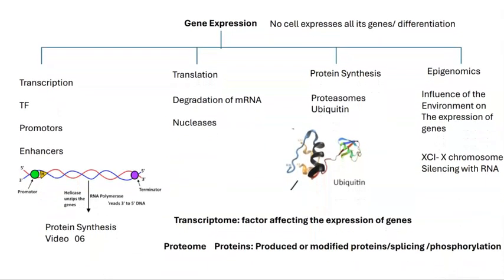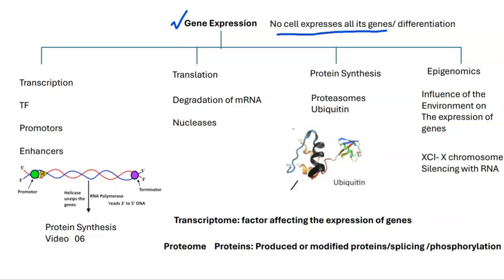So we're just going to take an overview of the concept of gene expression. Gene expression means to switch a gene on. The gene is switched on and it will ultimately be producing a polypeptide or possibly one of the forms of tRNA or rRNA. No cell expresses all of its genes.